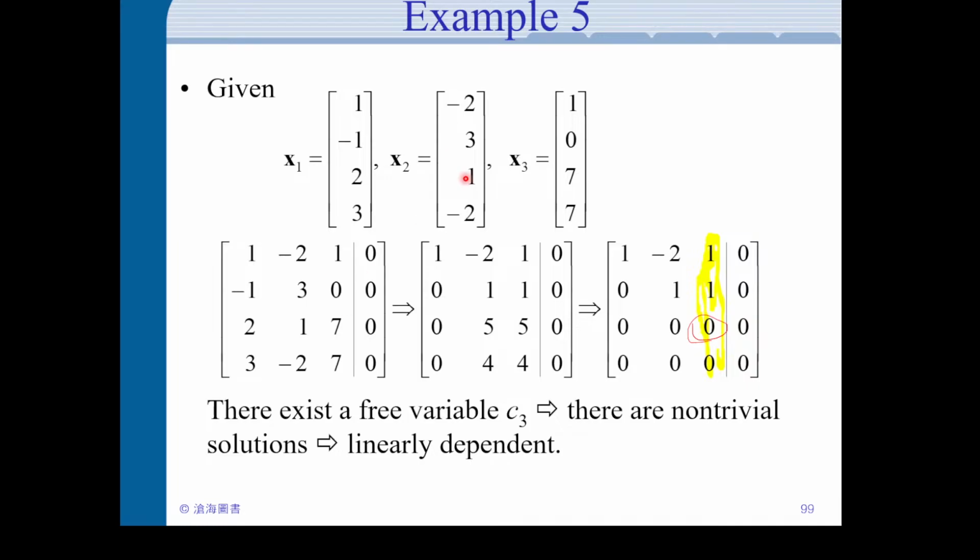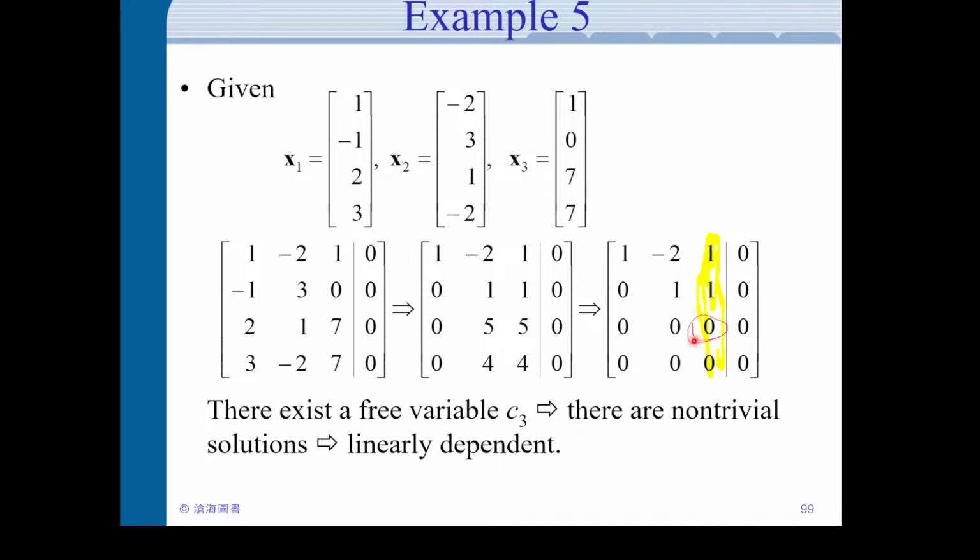Let's go quickly over one example. You have 3 vectors here in 4 dimensions, and you can write down this equation c1x1 + c2x2 + c3x3 = 0, with an augmented matrix like this. You make it into row echelon form, and you see that you have a free variable here.